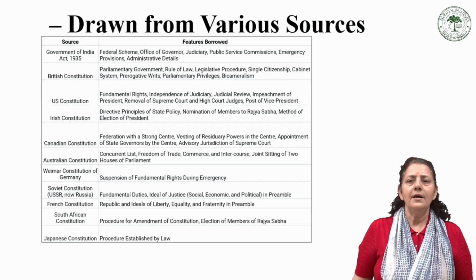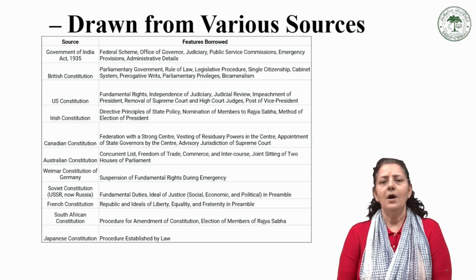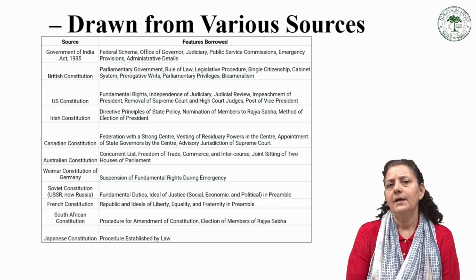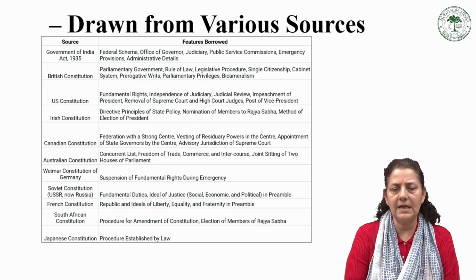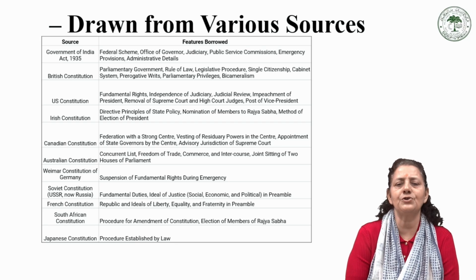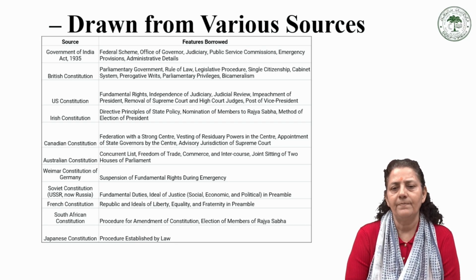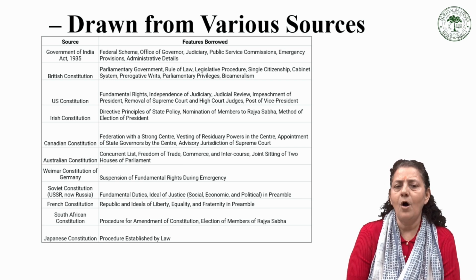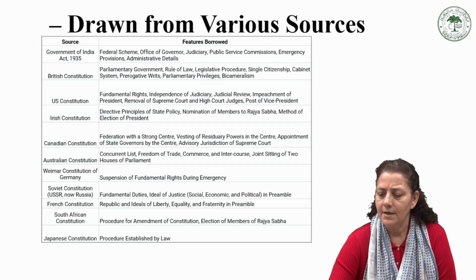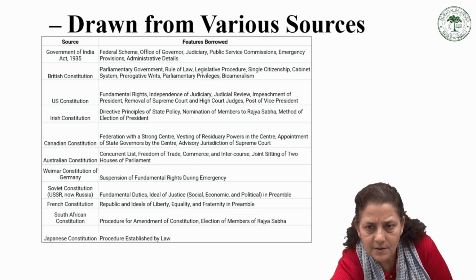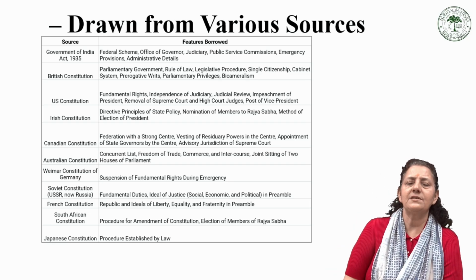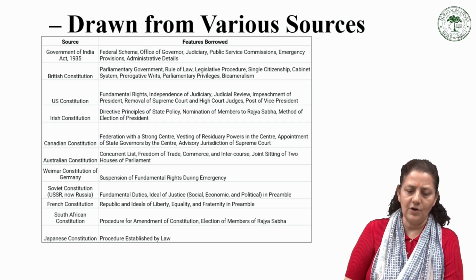South Africa influenced the procedure for constitutional amendments and election of Rajya Sabha members, and the Japanese constitution inspired the idea of procedure established by law. Thus, India's constitution is not a bag of borrowings, but a creative synthesis uniting global wisdom with Indian democratic philosophy.